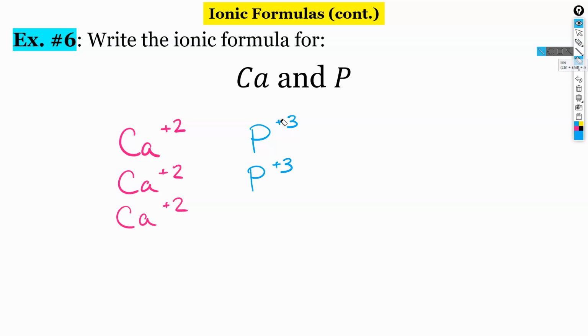And I keep writing +3. This is supposed to be -3. Okay, so we've got 3 calciums, and then phosphorus, we have 2 of those.